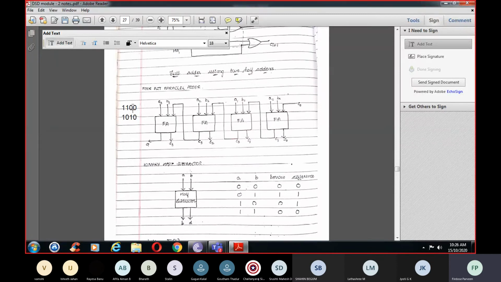Now suppose this is your 1. What result will you be getting here? So 0 plus 0, what will you get? This will be 0. 1 plus 1 you will get 0, and a carry.